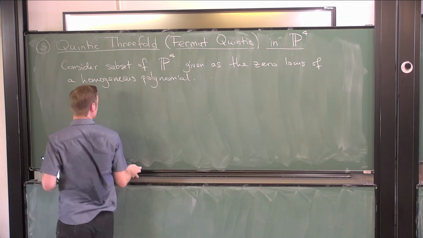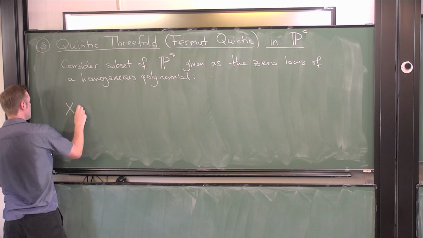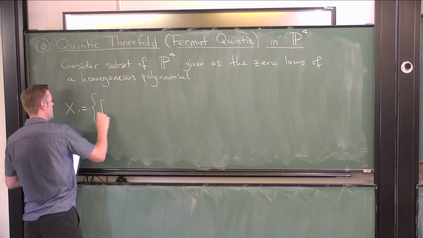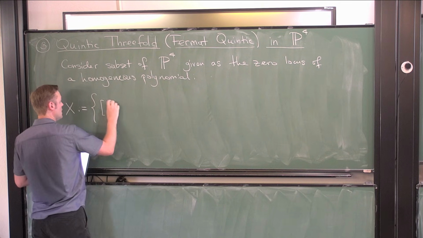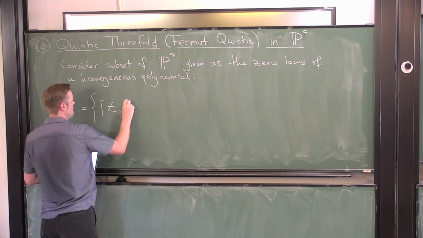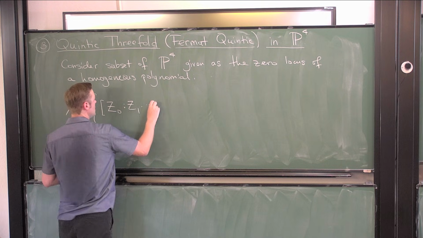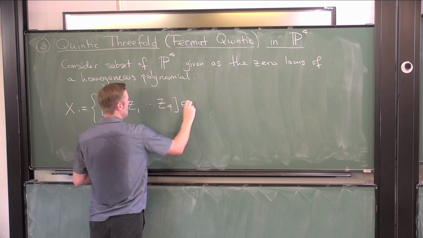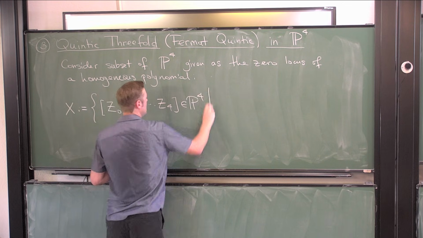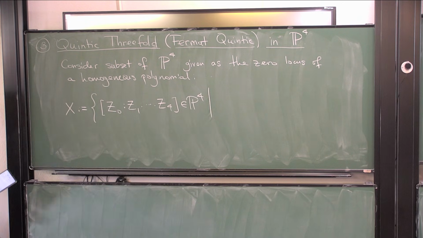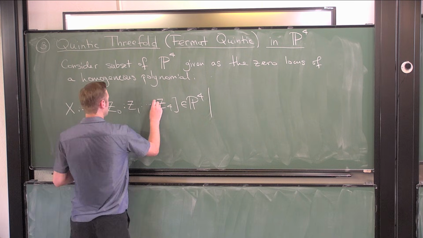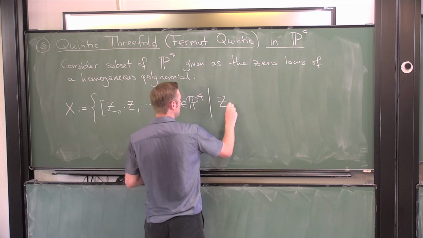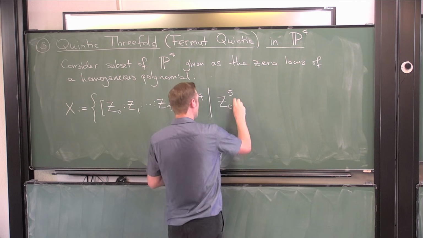So I'll call it X, and it's the set of points in P4 labeled, I'm giving you the homogeneous coordinates of this point. And these homogeneous coordinates have to satisfy this polynomial equation.